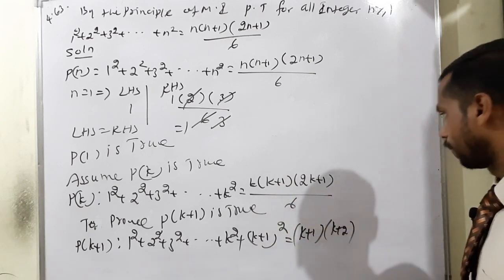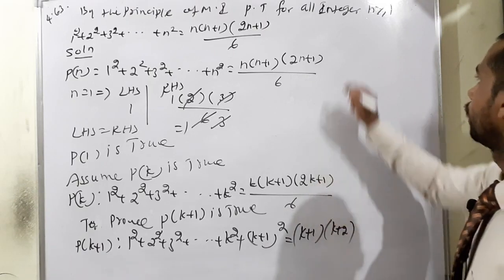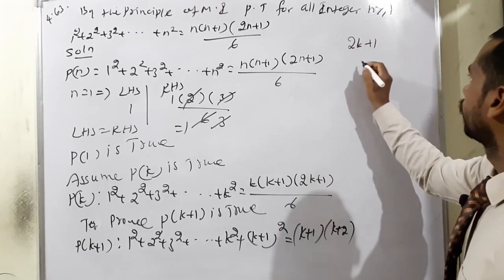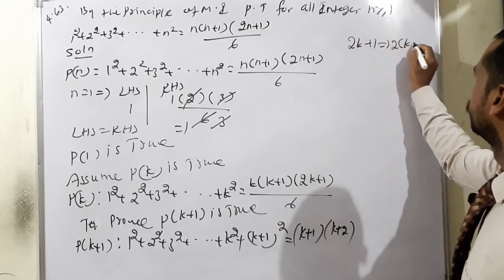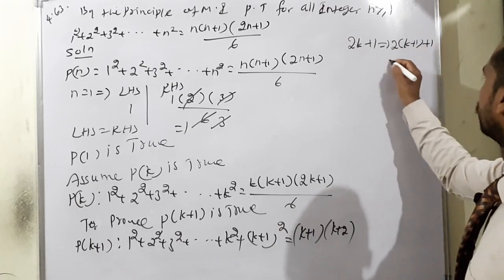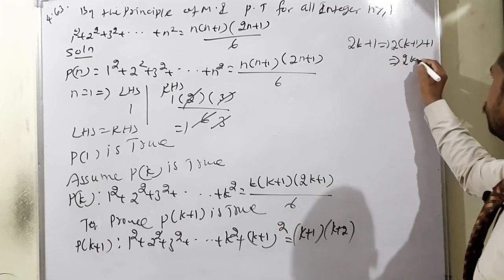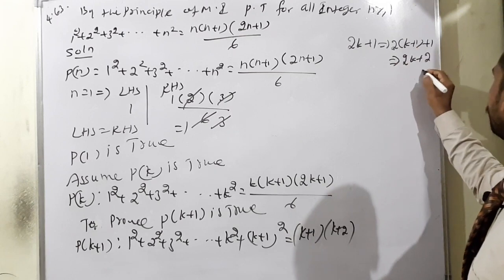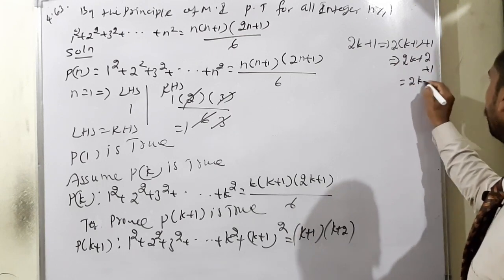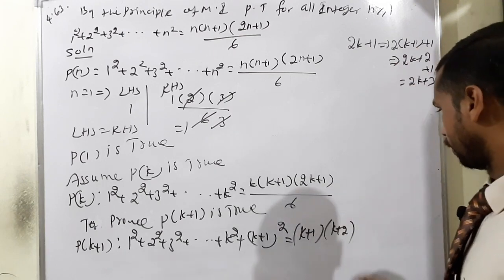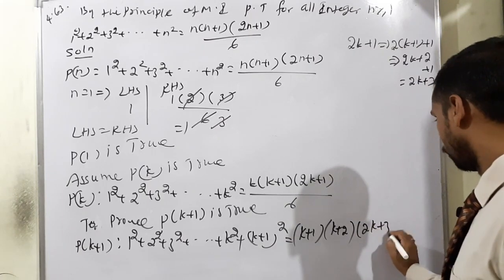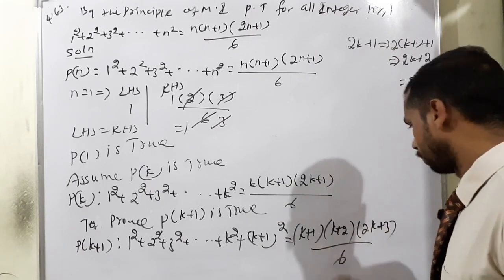We can write it as k plus 2. Next, look at that, 2k plus 1 means 2 into k plus 1 plus 1, that is 2k plus 2 plus 1. Therefore 2k plus 3. So we can write 2k plus 3 the whole term divided by 6.